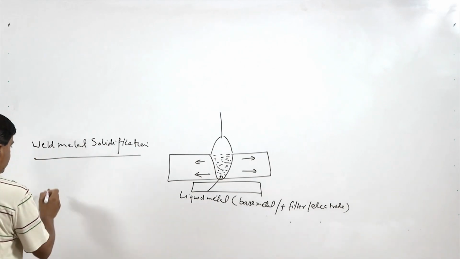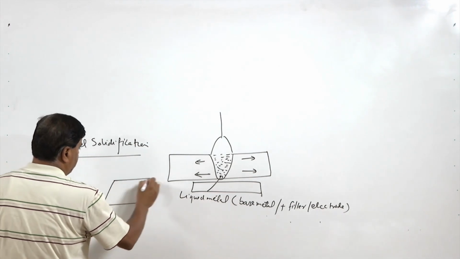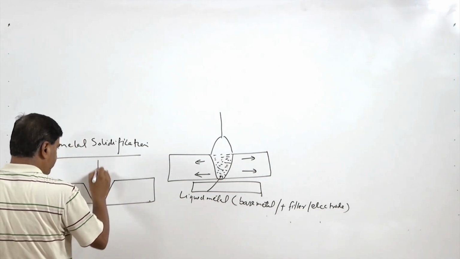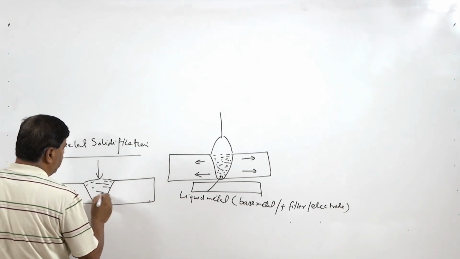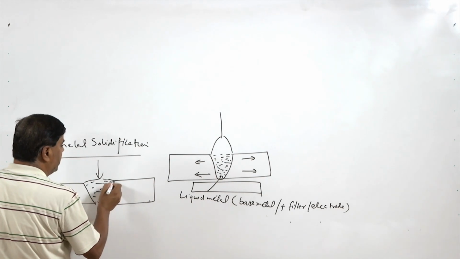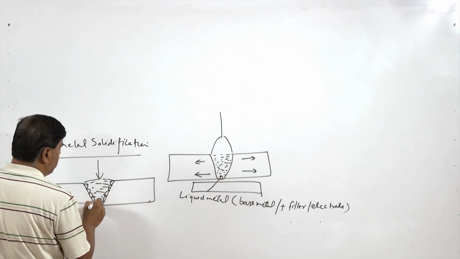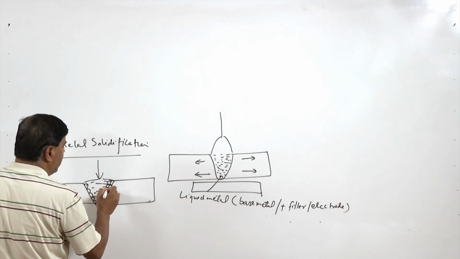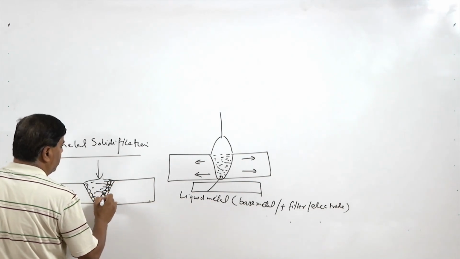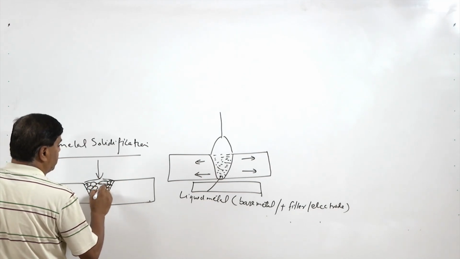For example, say this is the fusion surface of the base metal, and here a completely different weld metal is obtained. In that case, first the nucleation takes place at the fusion boundary, and then these nuclei will be consuming the remaining liquid metal in the course of solidification due to the heat losses to the base metal as well as to the environment.